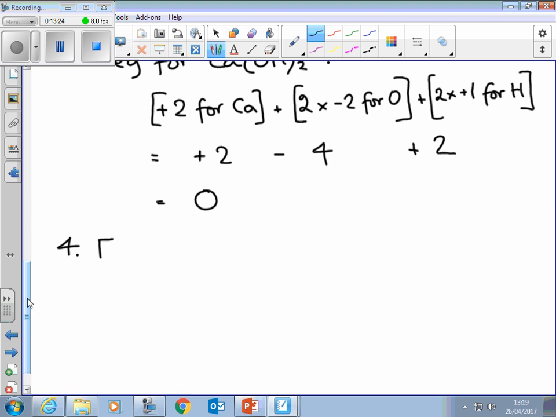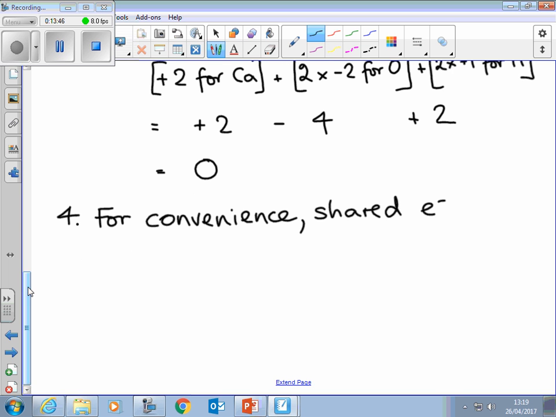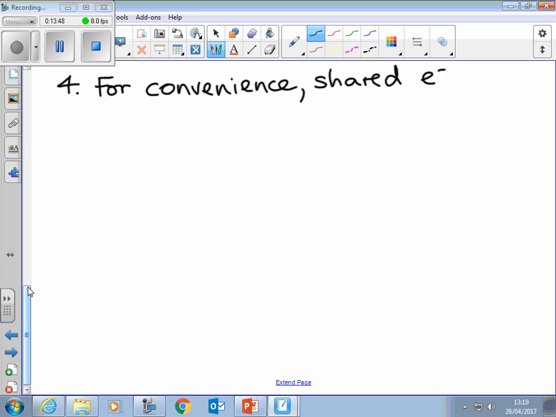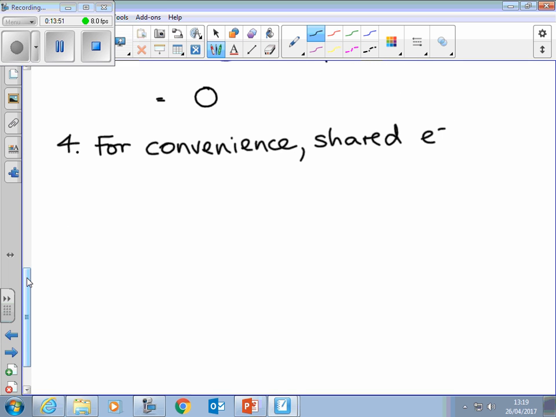So I'm going to give you an example, I think, where you have to work that one out, but it is literally a convenience thing because the electrons are not really moving, they're being shared, aren't they? So for convenience, shared electrons, and I'm going to use just E- for electrons because we're going to use that word so often in this. Well, it's what redox is about.